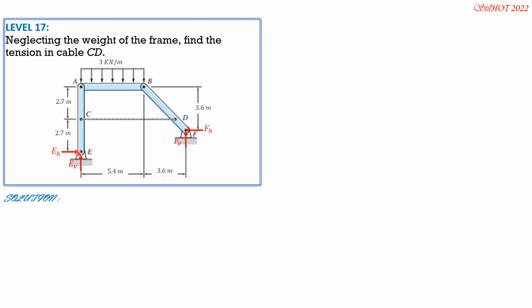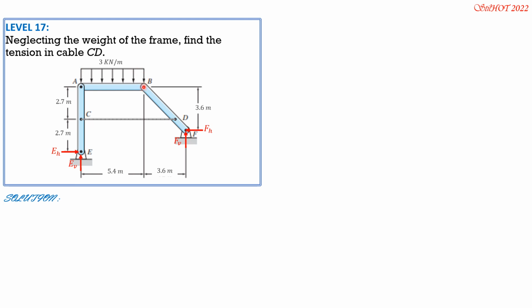We sum up moment about E. Then we have two unknowns, FH and FV, considering the entire system. After that, we draw the free body diagram of AB since it is entirely loaded and bounded with pins. We conclude that the vertical reactions at A and B are equal and each is half the load.